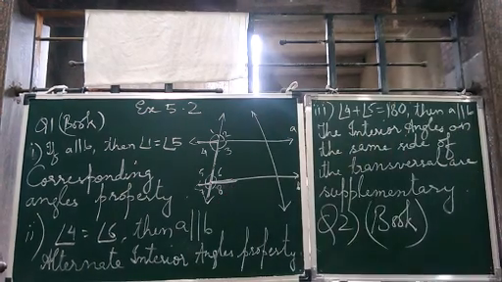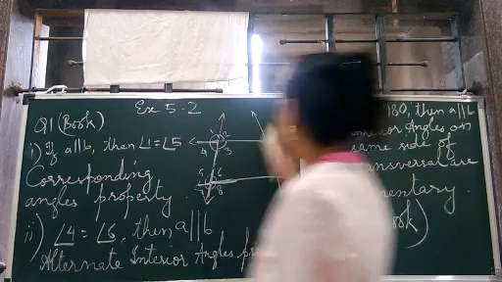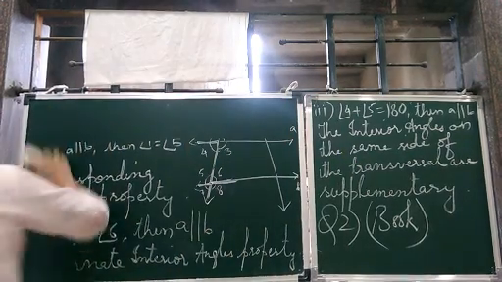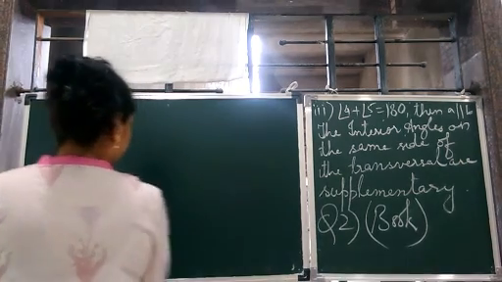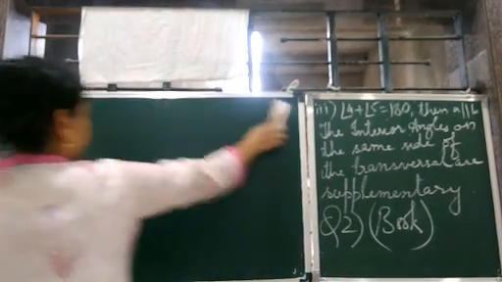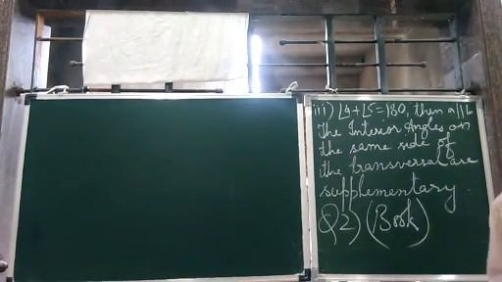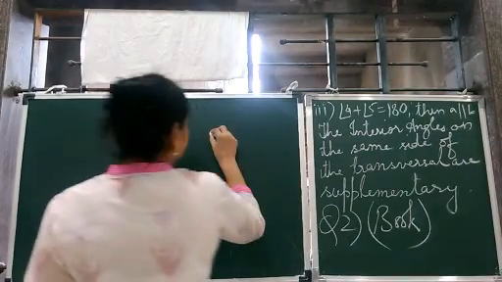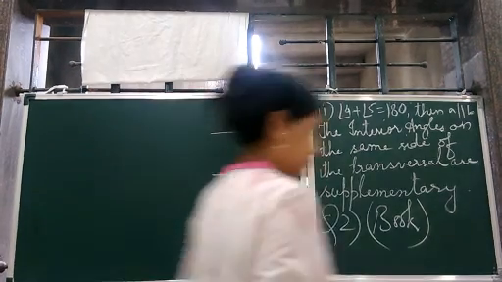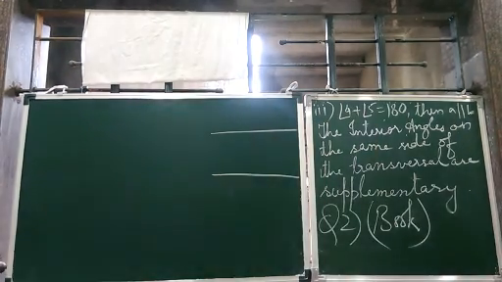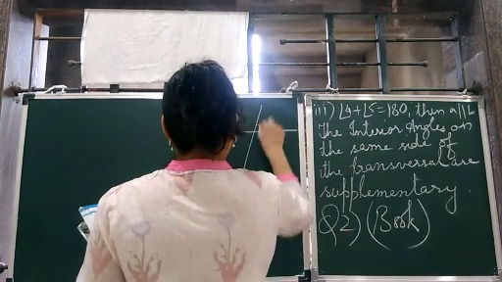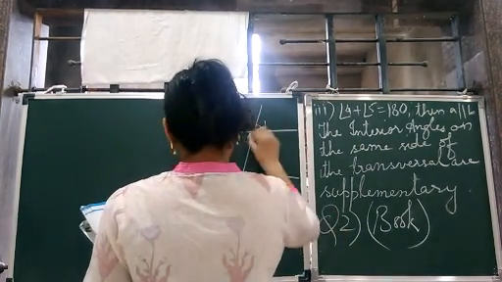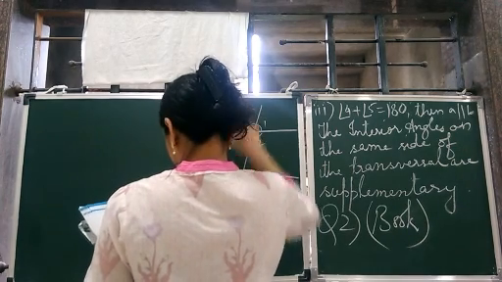Now we start with question number 2. That also we have to do in the book. In the adjoining figure, let me make the figure. I am making an incomplete figure, children.